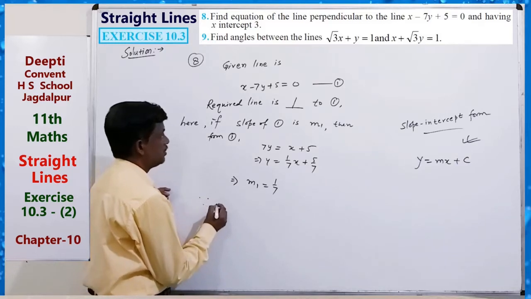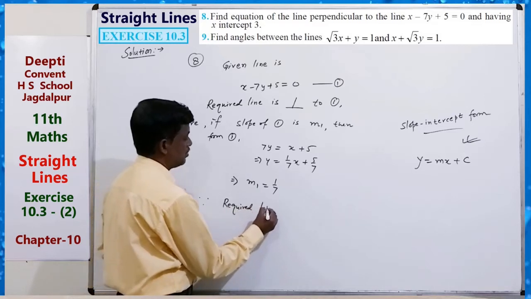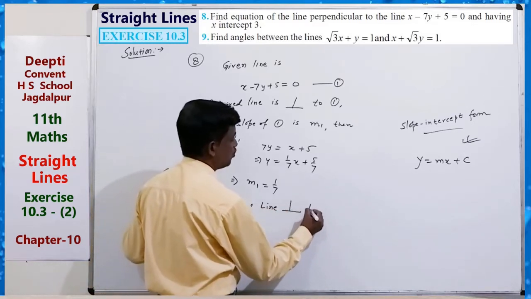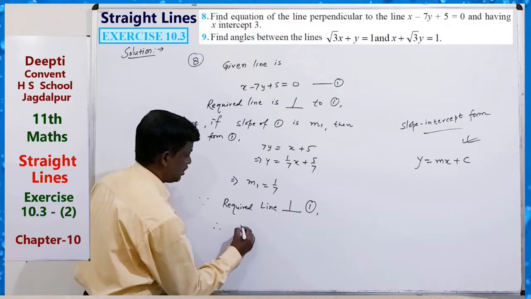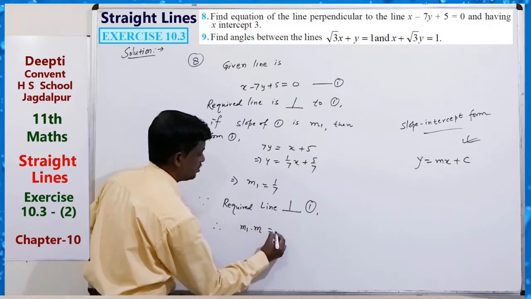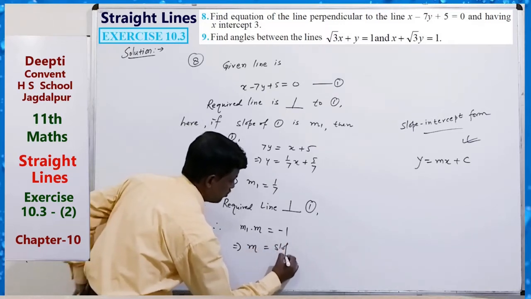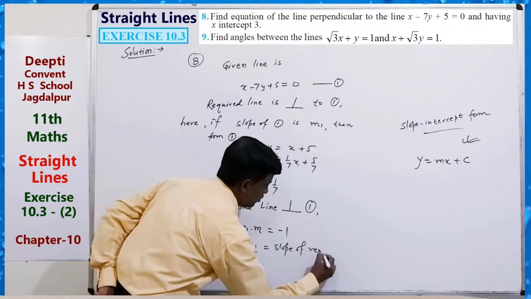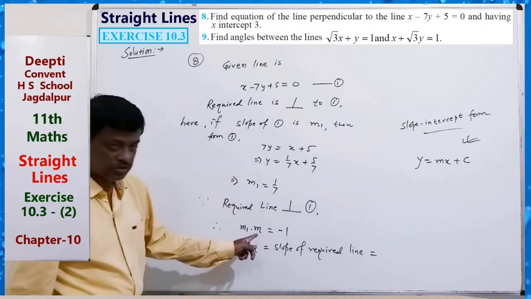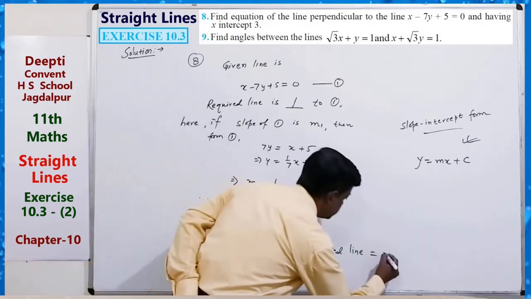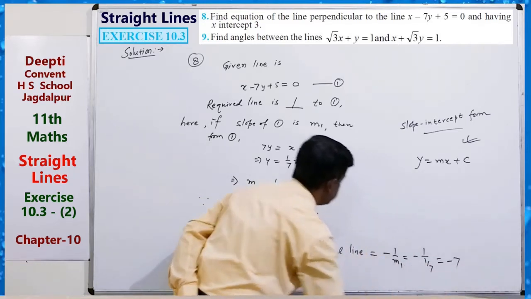Since the required line is perpendicular to line 1, therefore m1 into m equals -1, implies m, the slope of the required line, m equals -1 by m1, and -1 by 1 by 7 equals -7.